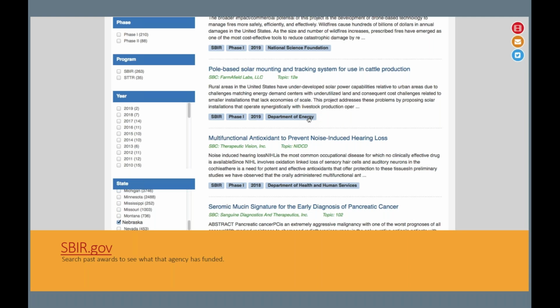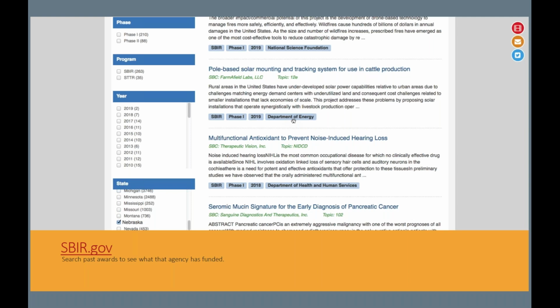So that's when I'm thinking, all right, I want to participate in the SBIR road tour. This is my idea, this is my concept, and I want to take a meeting with the Department of Ag and only the Department of Ag, because the application of my product is to cattle production.